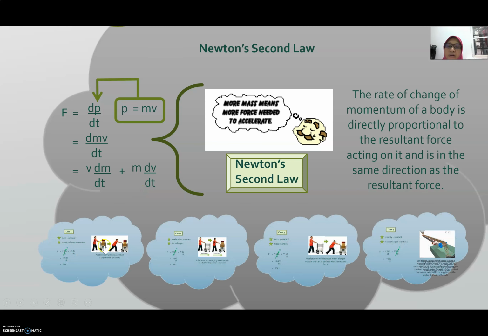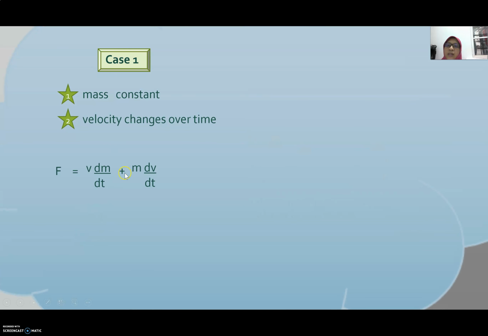So there are four possible explanations from this statement. We will discuss four different cases. The first case is where the mass is constant and the velocity changes over time.